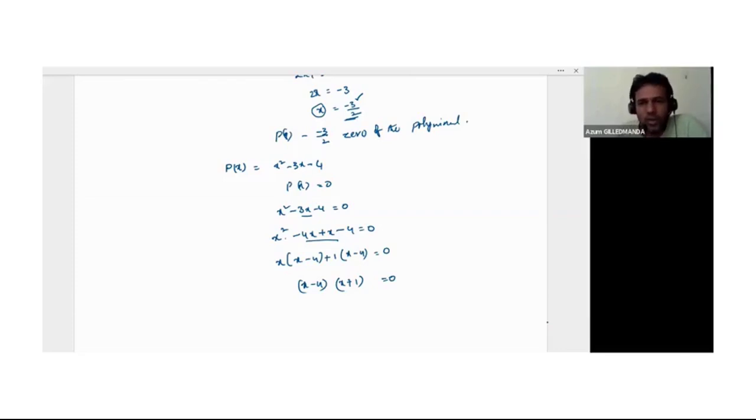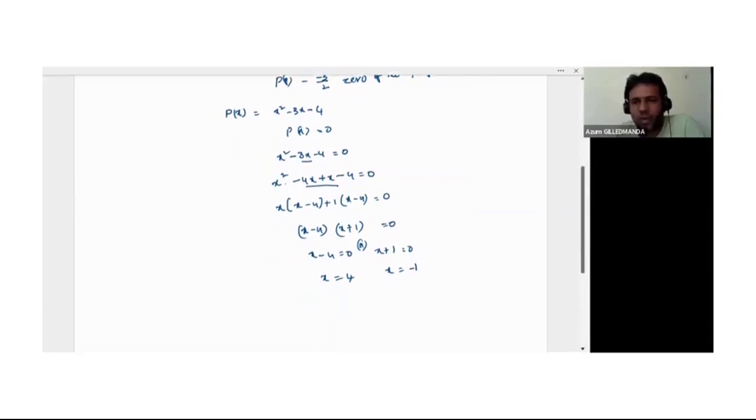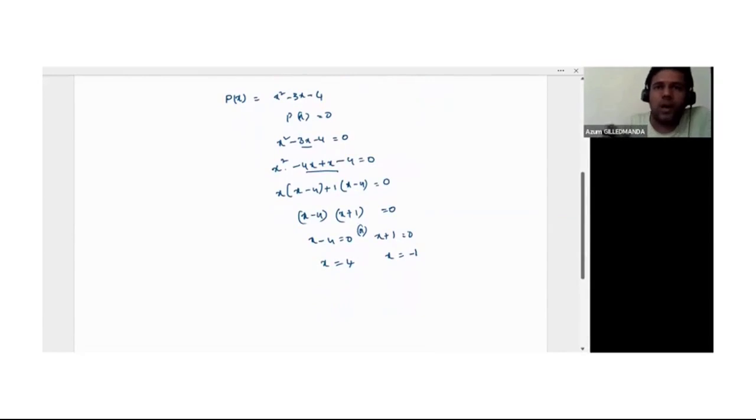Now, x minus 4 times x plus 1 is 0, right? So I can equate either x minus 4 as 0 or x plus 1 as 0. So both values are possible. So x can be 4 here or x can be minus 1 here. So these two values, x is 4 and x is minus 1, are the zeros of that quadratic polynomial.